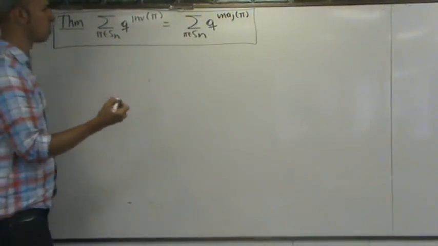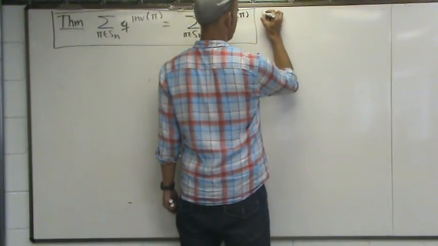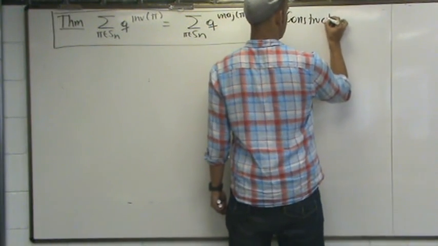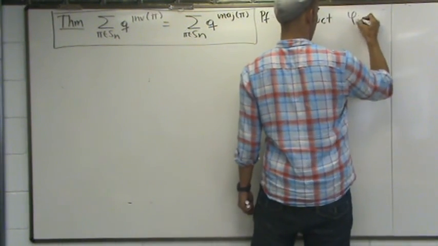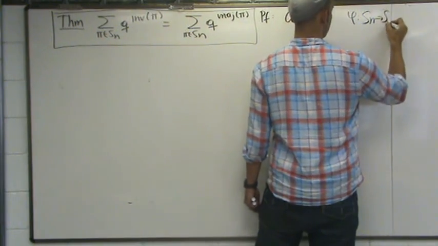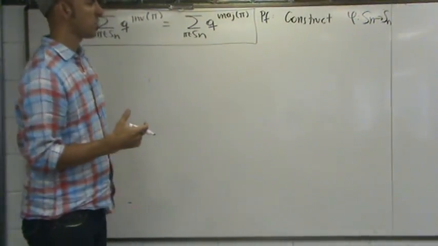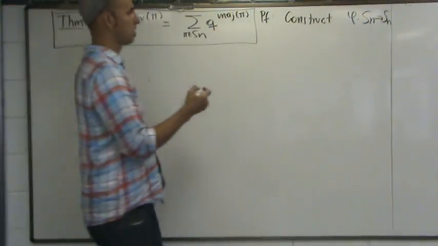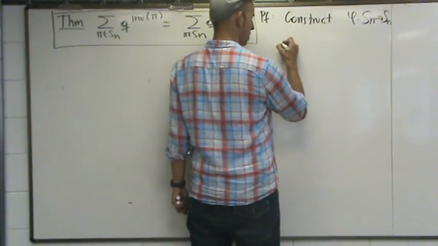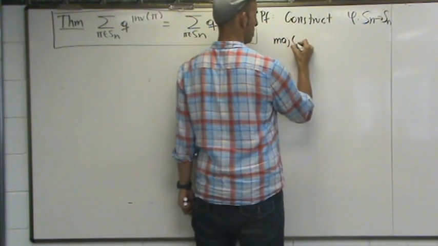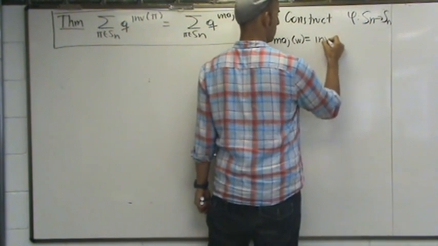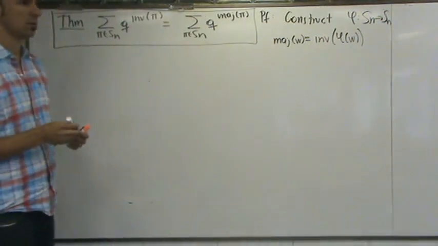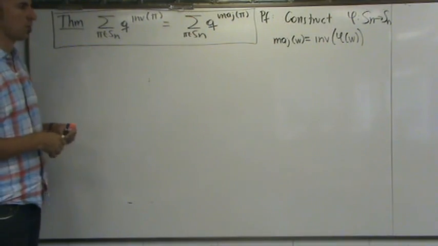Okay, and so my proof is going to be to construct a bijection phi from the symmetric group, or from the permutations to the permutations, such that the major index of W equals the number of inversions of phi of W. Okay. And if I do that, then I will be done.